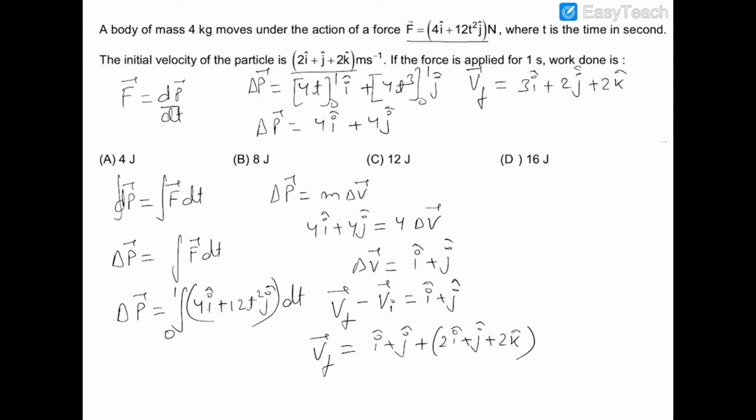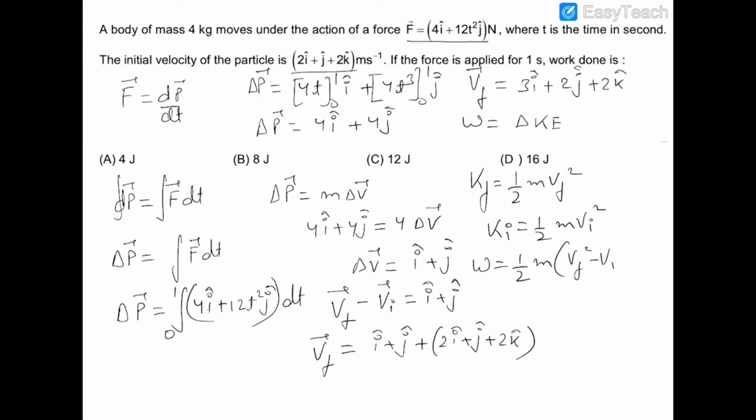Now if we have to find out the work done, then work done is equal to change in kinetic energy of the body. So the final kinetic energy will be half m V final square, where V final is the final speed, and initial kinetic energy will be half m V initial square. So work done will be equal to half m times V final square minus V initial square, and V final is equal to the magnitude of this vector.